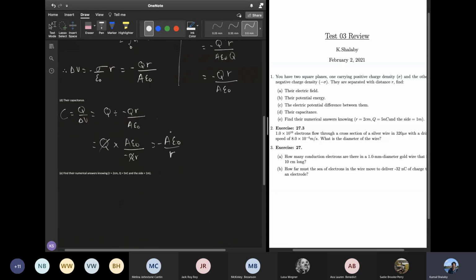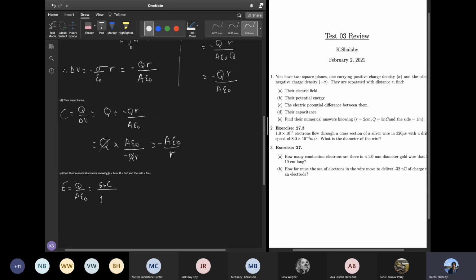Do we have Q? We do have Q. So E is equal to Q over A epsilon naught, which is Q in nanocoulombs over the area, where I said that the side is 1 meter.